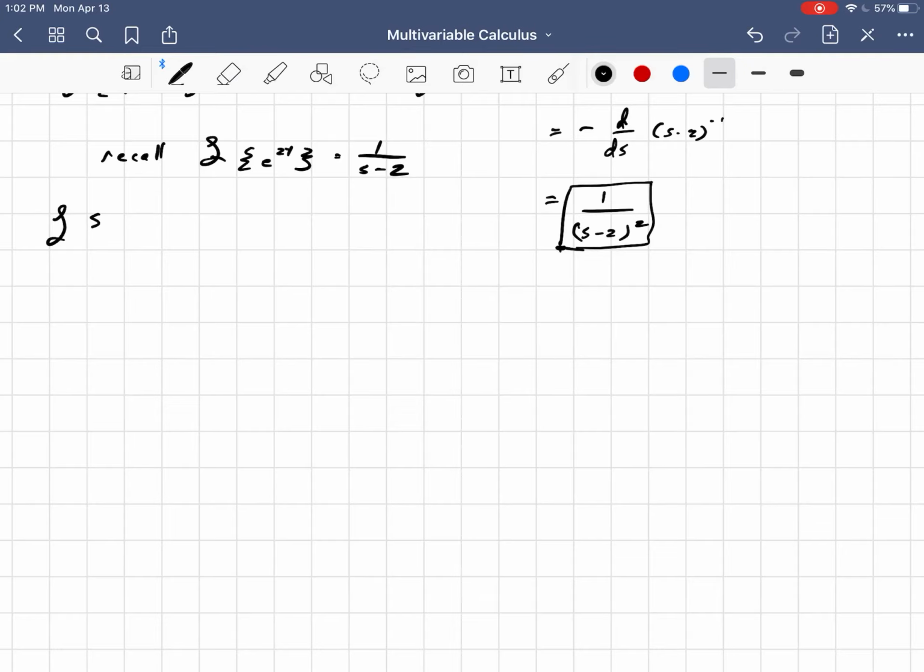I could maybe just show you this. Sometimes you have to use trig identities with these things.